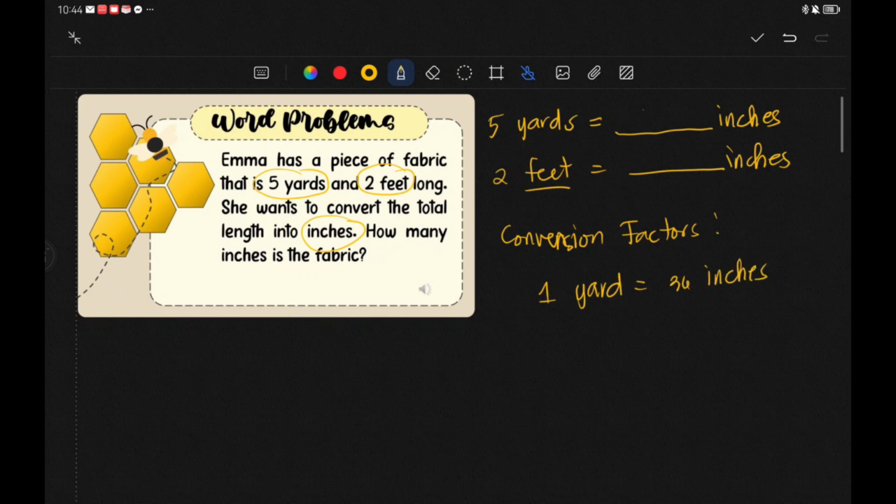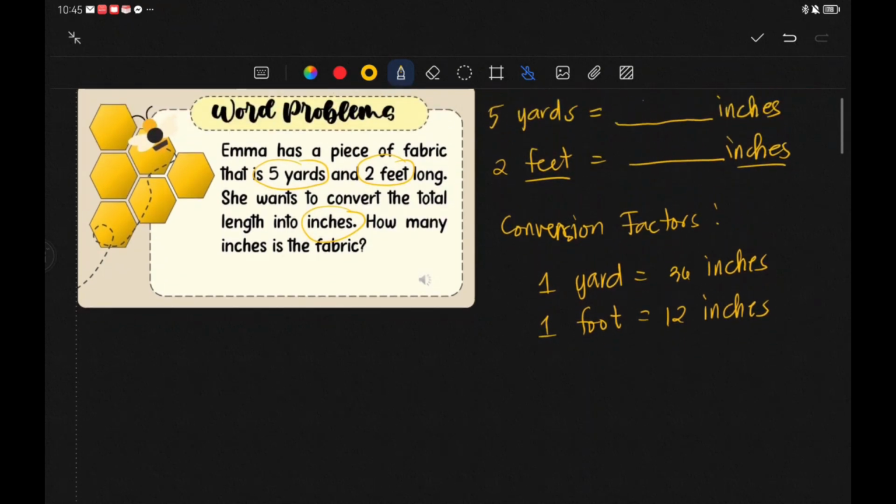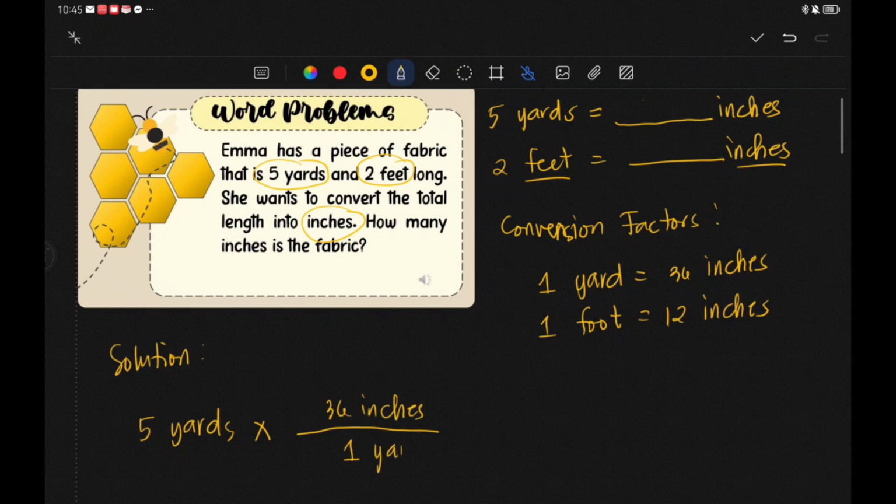And for feet to inches, you need to remember that 1 foot is equal to 12 inches. So let's first solve 5 yards. 5 yards times 36 inches over 1 yard.